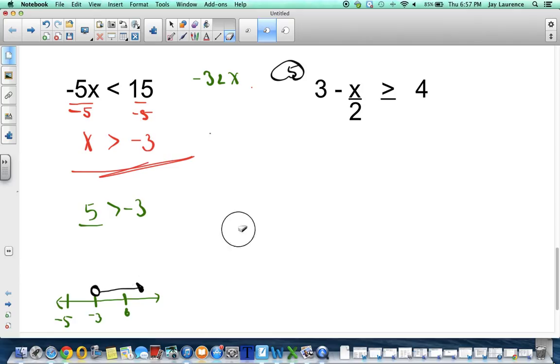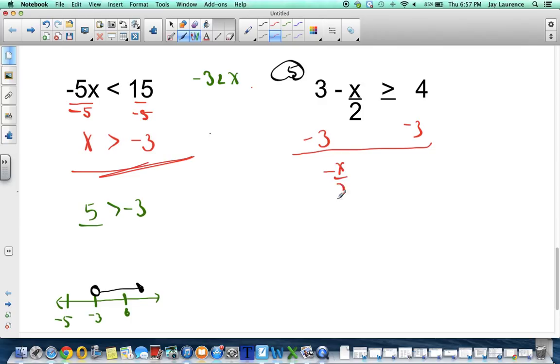All right, so here comes my solution. I'm going to subtract 3 from both sides. Right? And so I'm going to get negative x over 2, which is greater than or equal to 1. And now to get rid of that 2, it's a division, right? It's being divided. I'm going to multiply. I'm not going to multiply by 2, though. Anybody know what I'm going to multiply by?